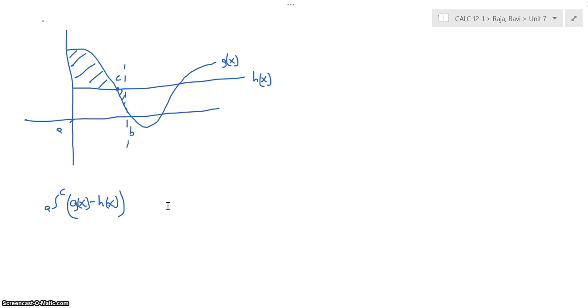Then, because in this case we have to add the part that is below, we add the integral from C to B of h of x minus g of x dx.